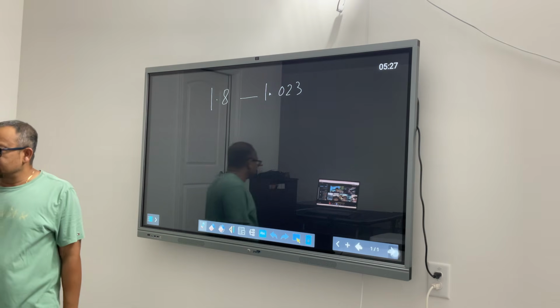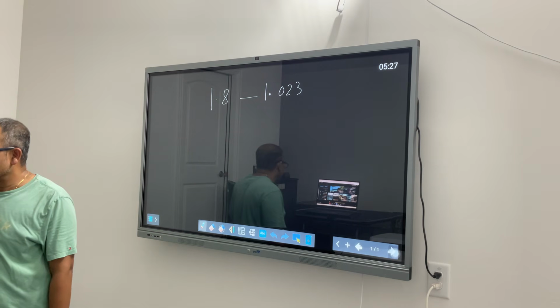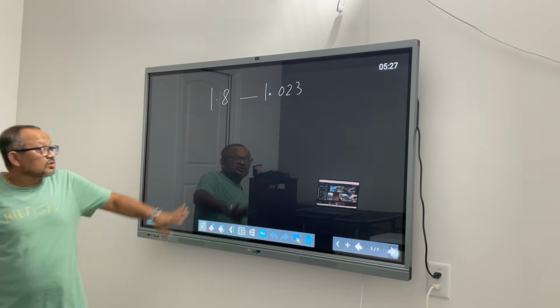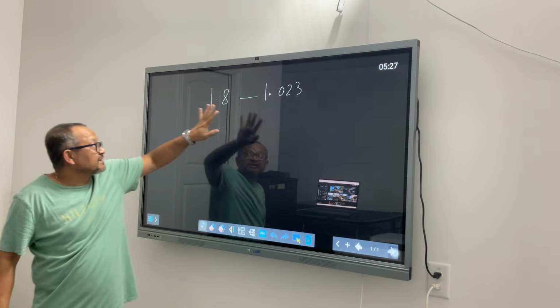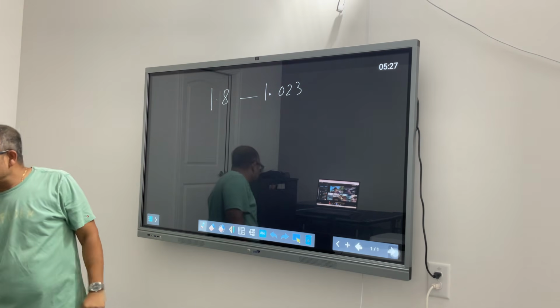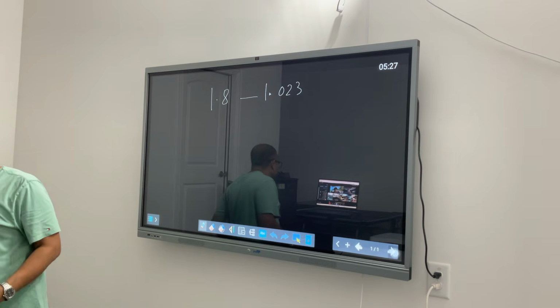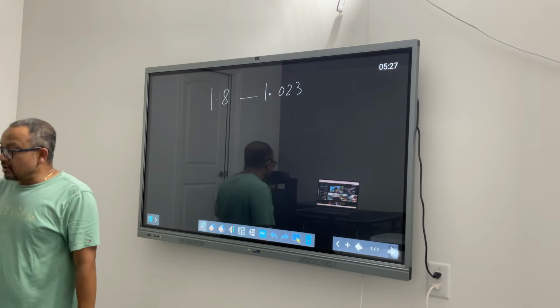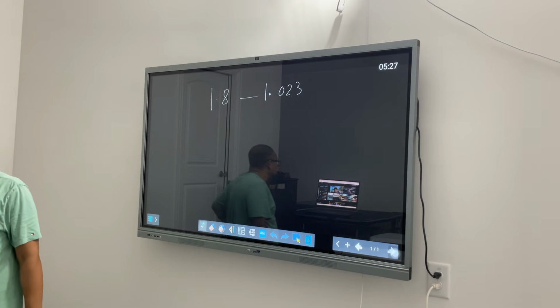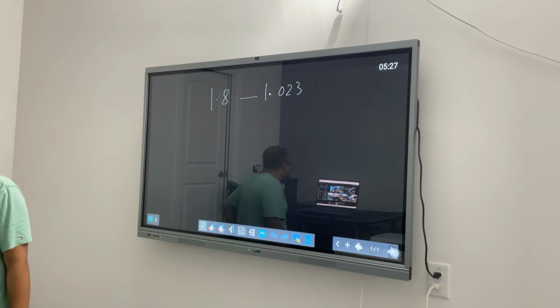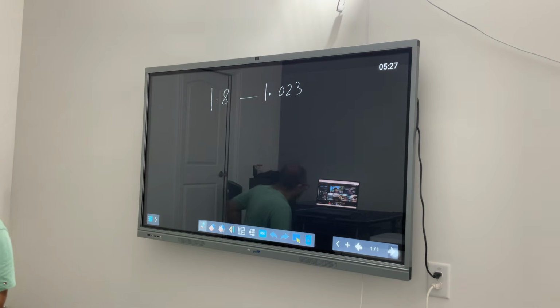How would you do that? 1.023 is to be subtracted from 1.8. Give it a try, then we'll talk about it. Only clue I can give you guys is subtraction works the same way as you know subtraction, and every other concept of decimal you can use in subtraction also.